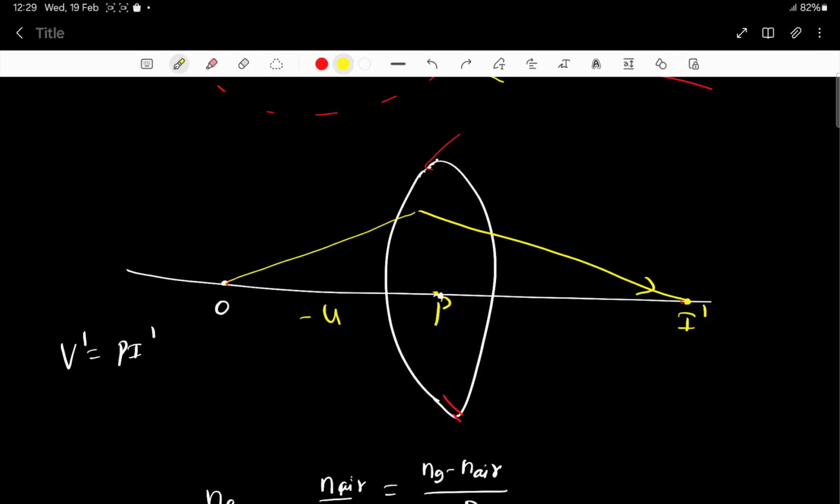In the case of real objects, the light rays from the object have the tendency to diverge out, but in the case of virtual objects, the light rays have the tendency to converge in. So this I dash is going to serve as a virtual object to this surface. As far as this surface is concerned, our object is present at this place only, because towards that object the light rays are converging in, right?